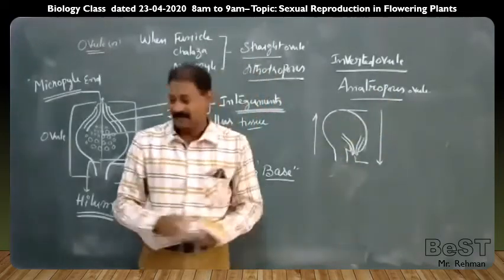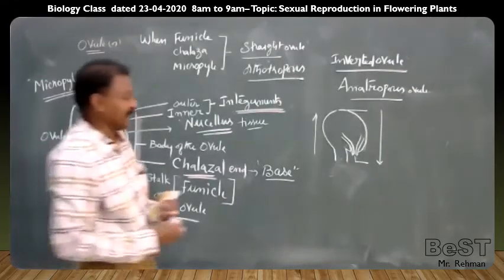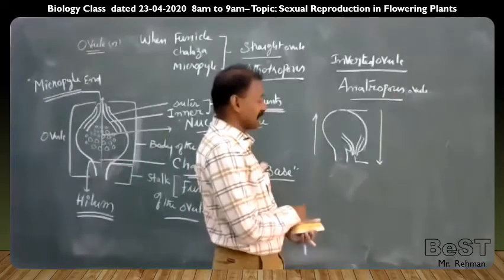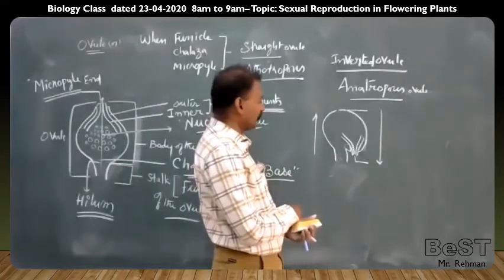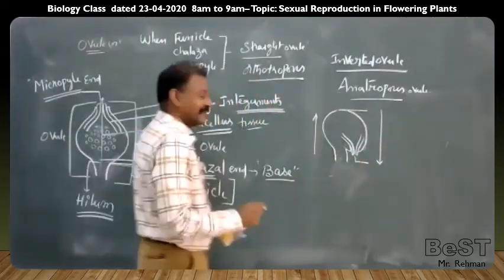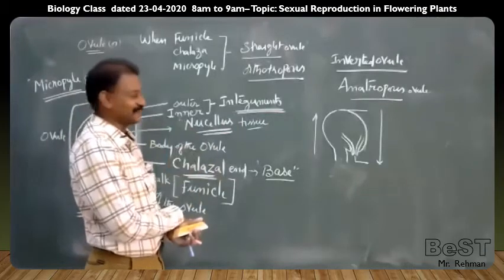To understand clearly according to the textbook, we have to study page number 24, 25, where they have given the diagram of the anatropous ovule, but we are not going to see the structure like this or like this. These structures are to understand what the structure of an ovule is.